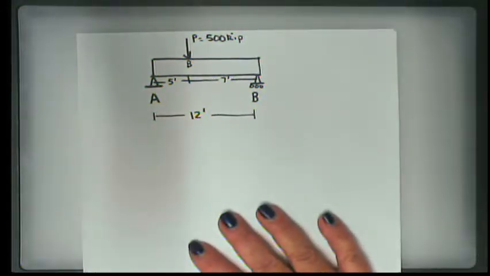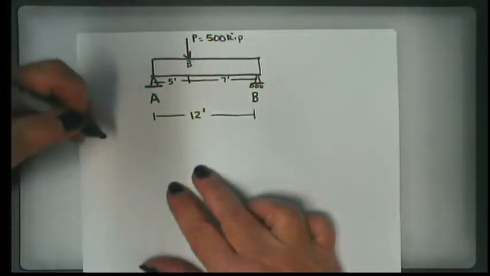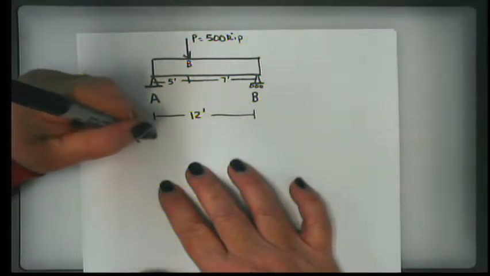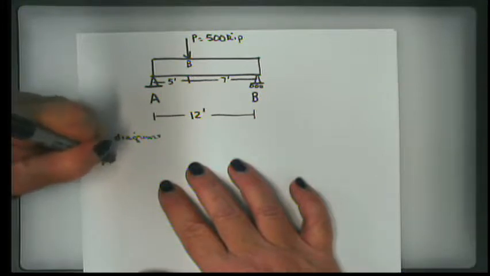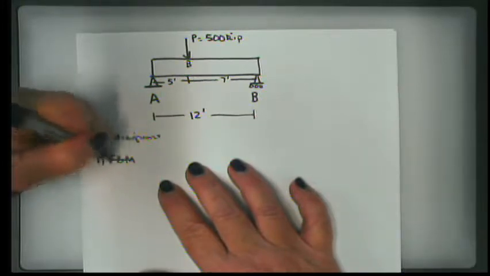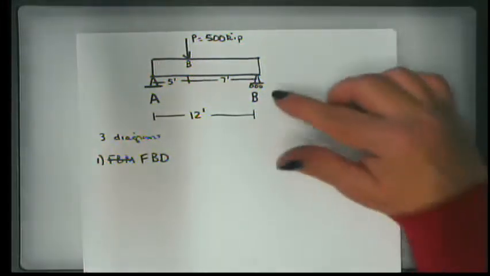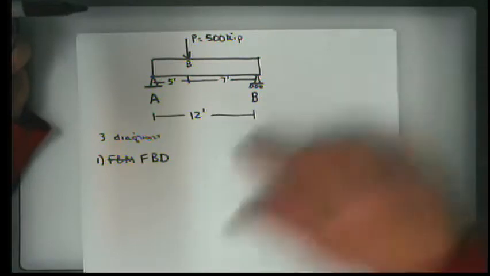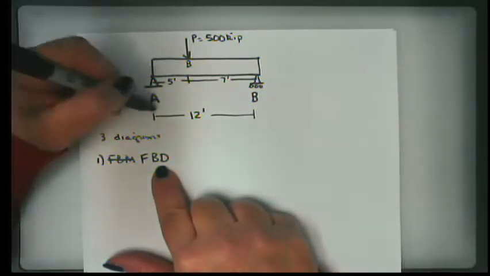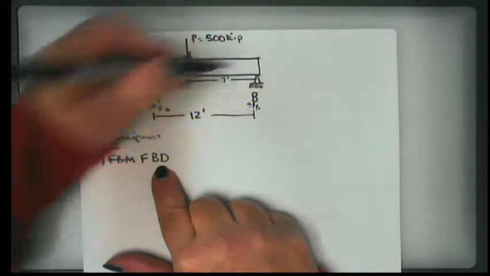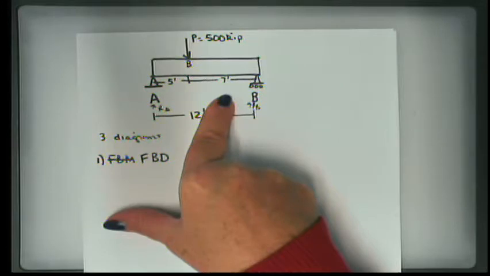I'm going to work out this problem first. I've already told you that what I want are 3 diagrams, the first of which is a free body diagram. To get a free body diagram, I need to determine the reaction at A and the reaction at B. This beam is statically determinate, meaning I can get those reactions using my methods of statics.